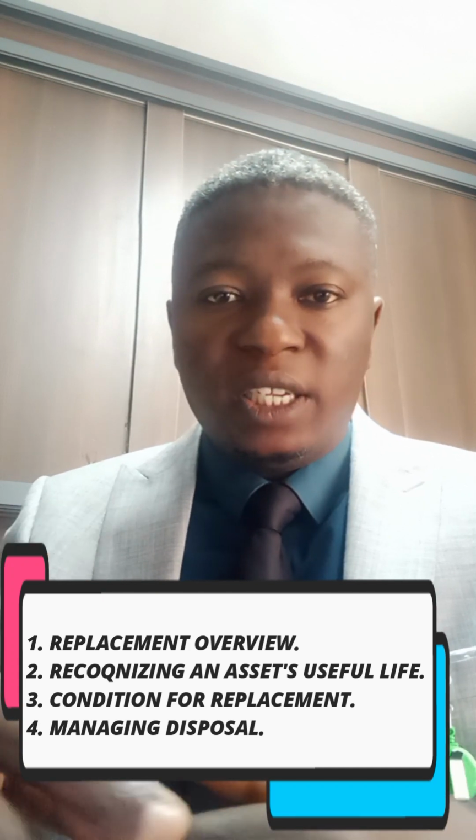Then we'll look at managing disposal. So watch out for our next video. We're going to be talking more on these four: replacement overview, recognizing an asset's useful life, condition for replacement, then managing disposal. But for today, we'll be talking about the replacement overview.